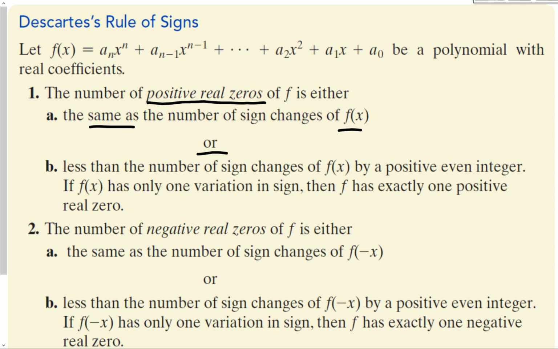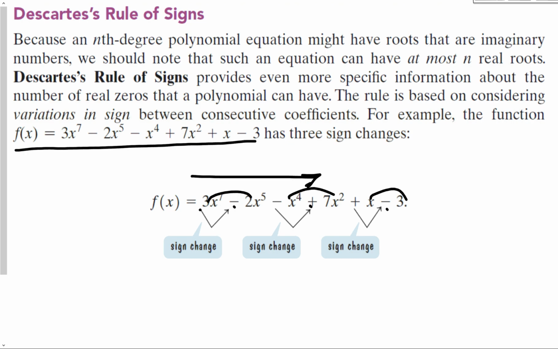So that means in this particular function, there are 3 sign changes. So that means there are 3 positive real zeros, or we go down by 2. There could be 1.